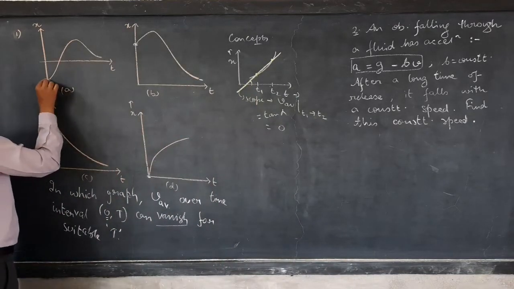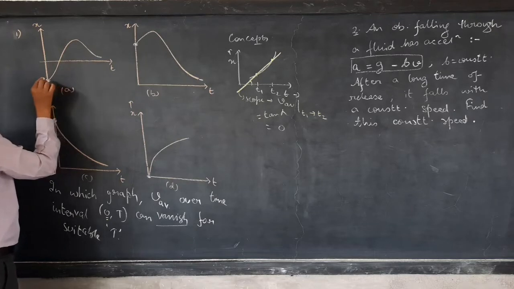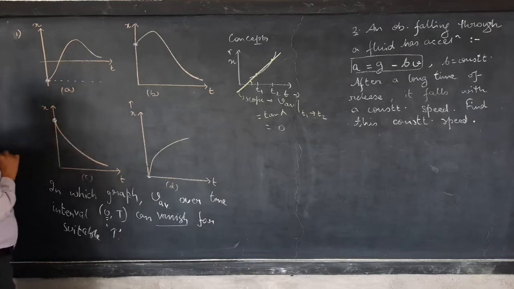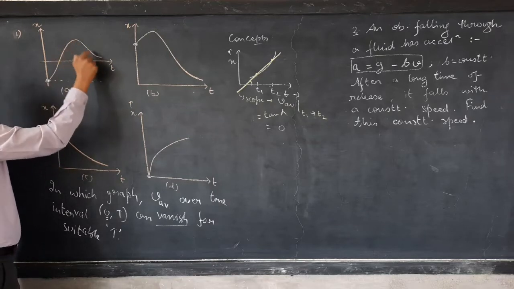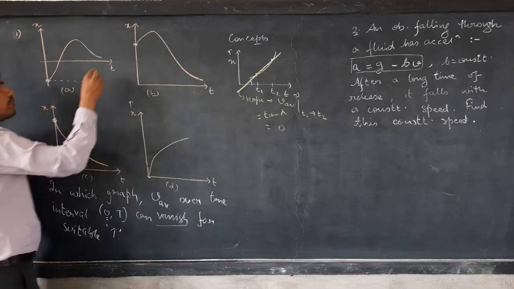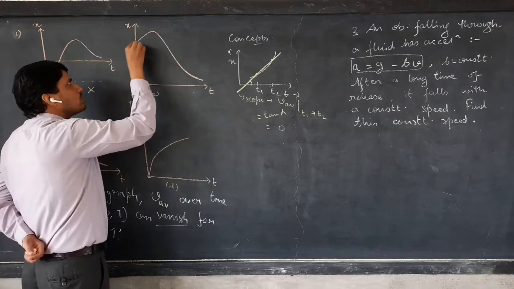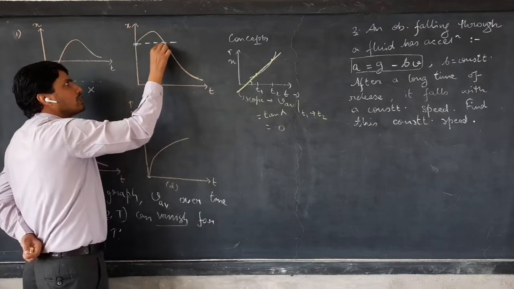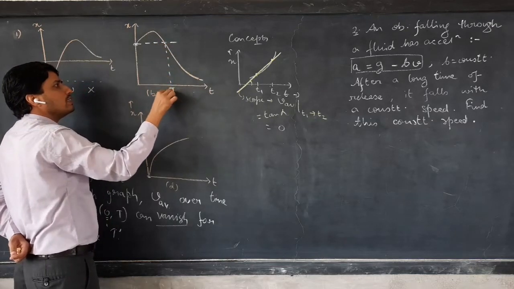That means the straight line must be parallel to the time axis and it must pass through this. Now if you try to draw a line like this, it will never cut this graph at any other point. So this is not possible. If you try to draw a line parallel to the time axis from here, it will cut the graph again at this point. So this is the required time t.